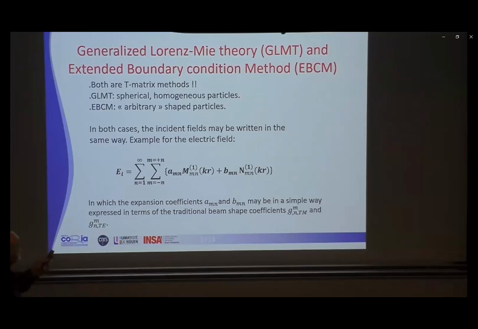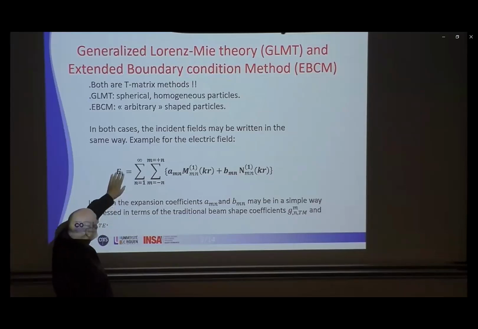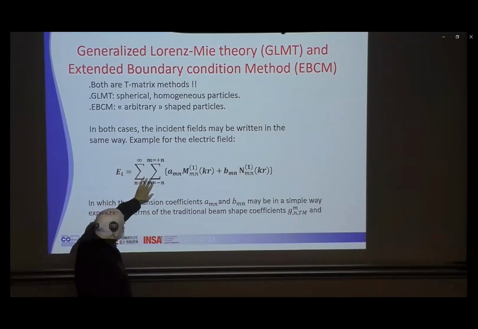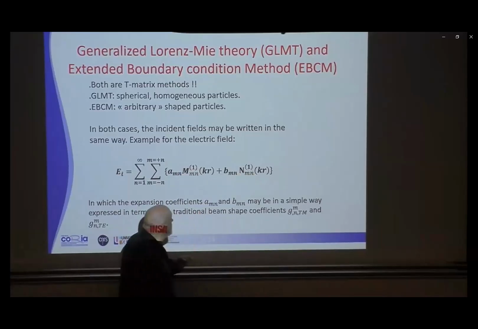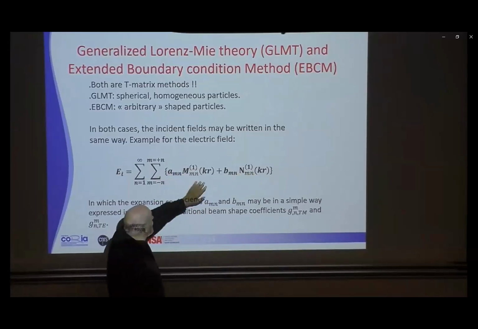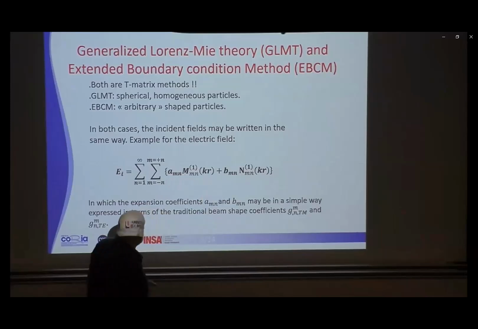GLMT is for spherical homogeneous particles at the beginning, and then has been developed, as I said before, for different kinds of scatterers in different morphologies. And EBCM is for arbitrary shaped particles. In both cases, the incident field may be written with the same equation, just the electric field. You have a double summation. You have some functions which are known as vector spherical wave functions, very well known, and some coefficients A_mn and B_mn.